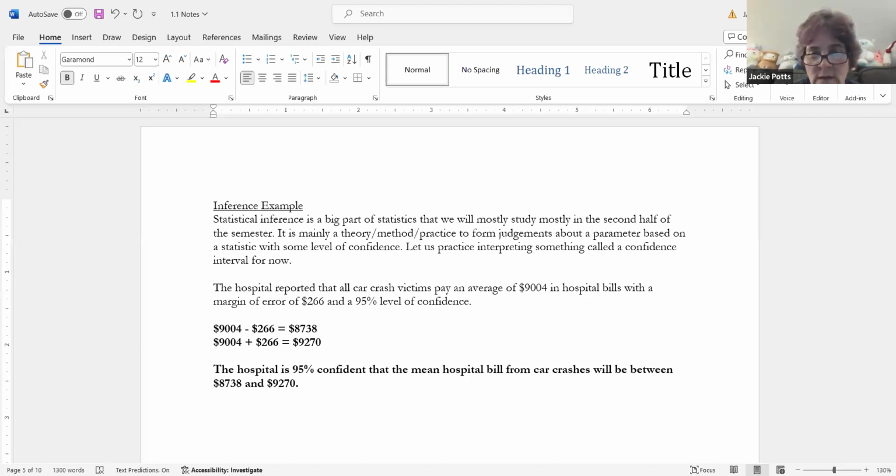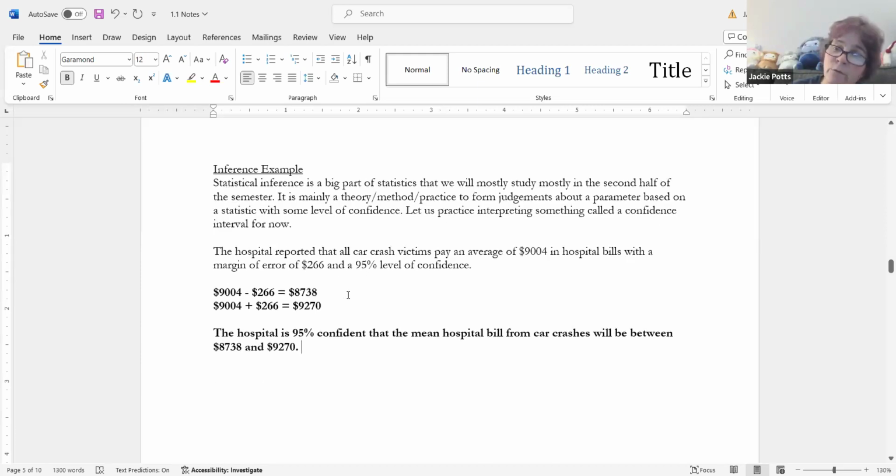It's telling you the mean is the middle. We go down by one standard deviation and we go up by another. We add and we subtract. So the hospital bills range from $8,738 to $9,270 per car accident. But there's an inference example.